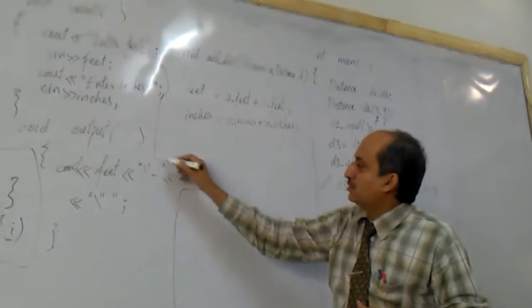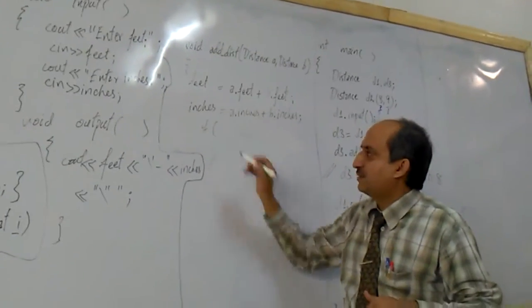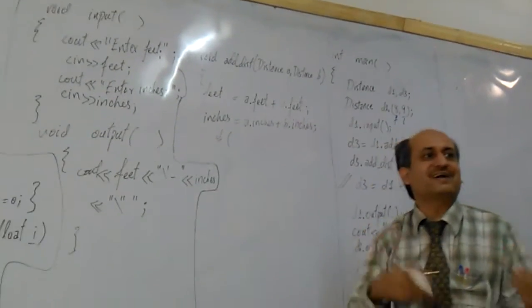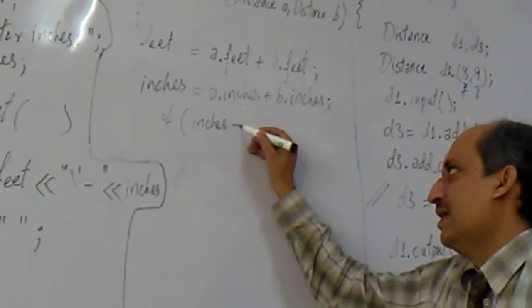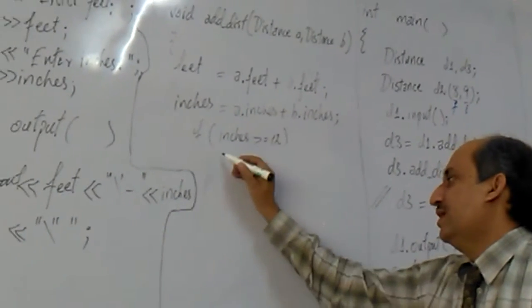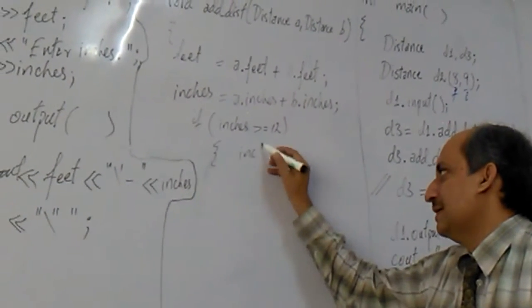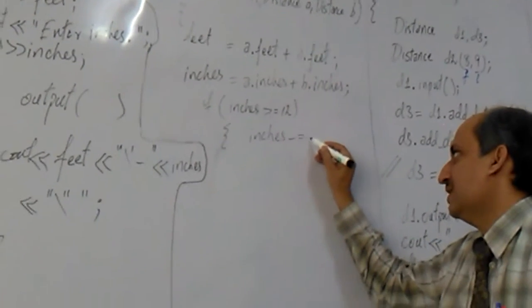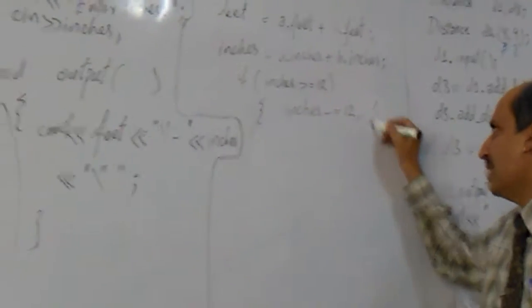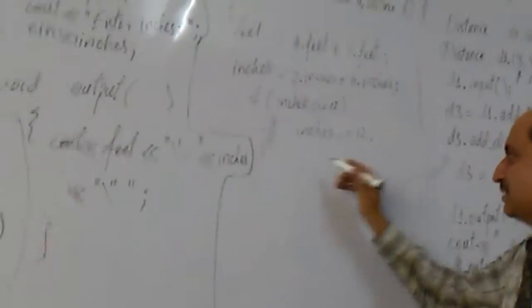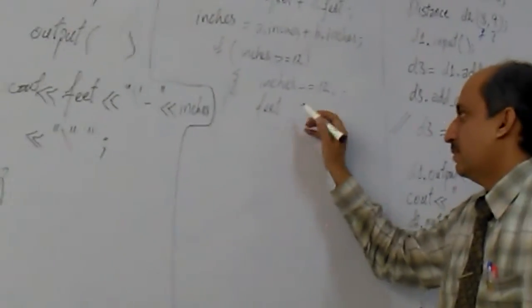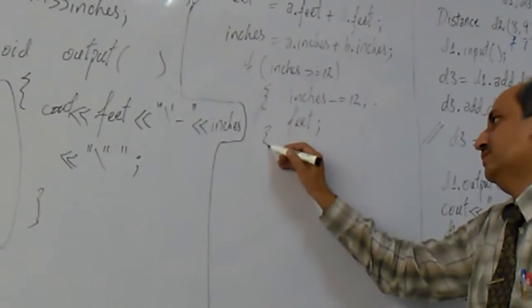And now a small if statement will be sufficient to handle that carry thing. If inches are greater than or equal to 12, then we should be reducing inches by 12 and incrementing the feet.